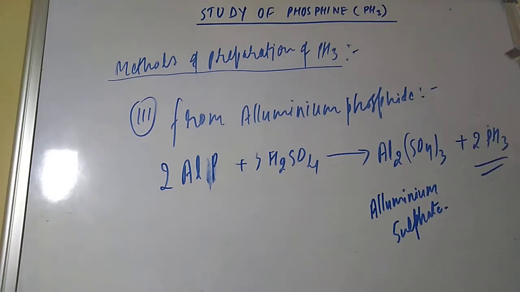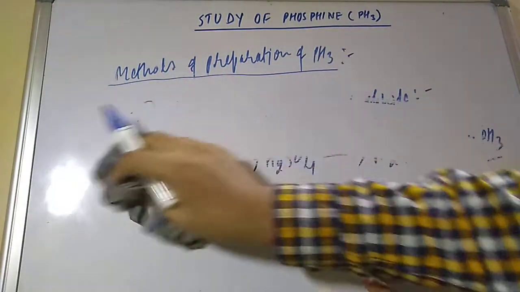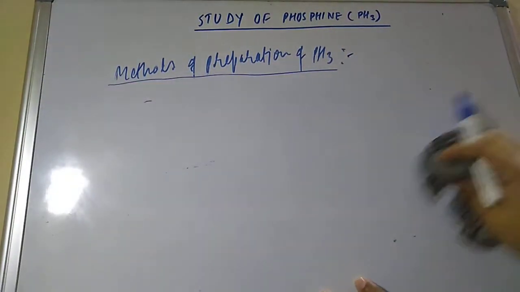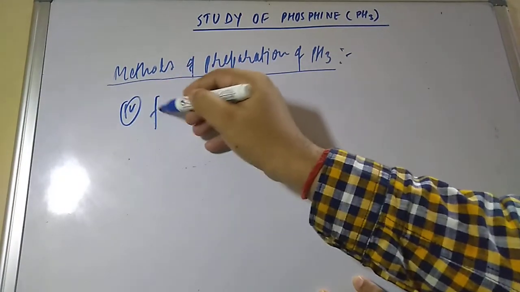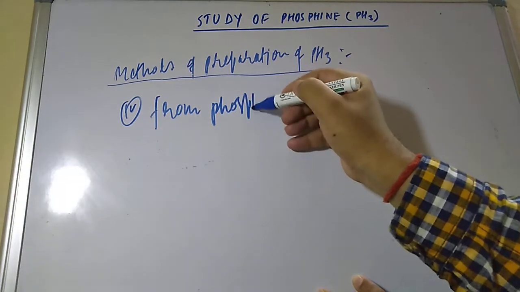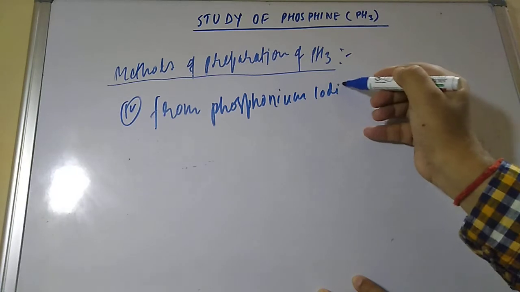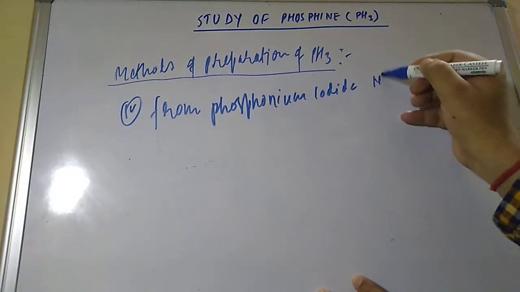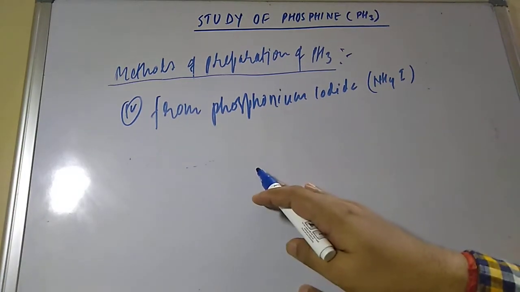From phosphonium iodide also we can prepare phosphine. Let us see how to prepare it from phosphonium iodide.